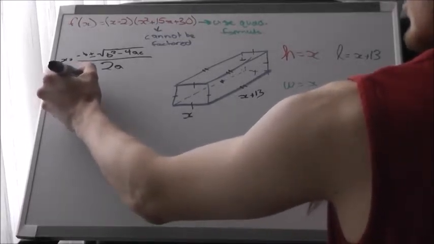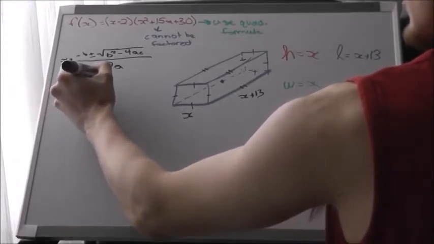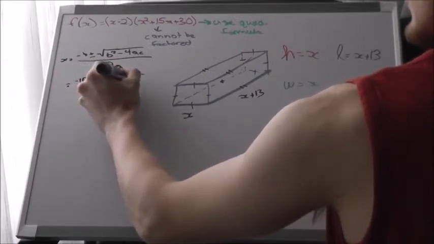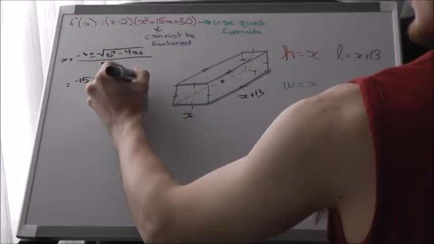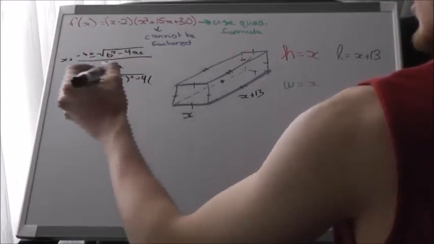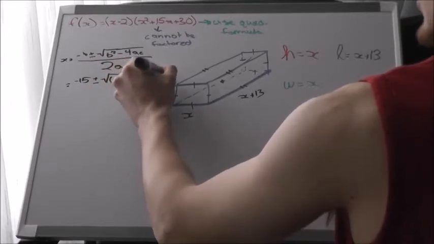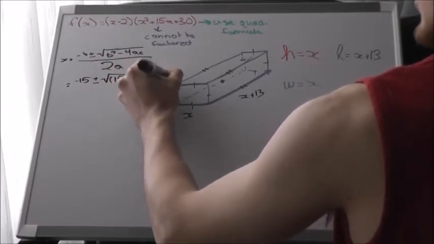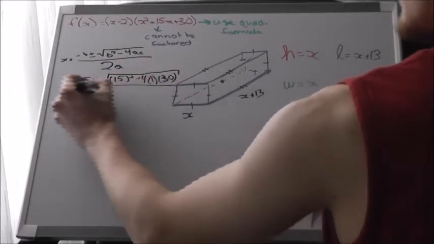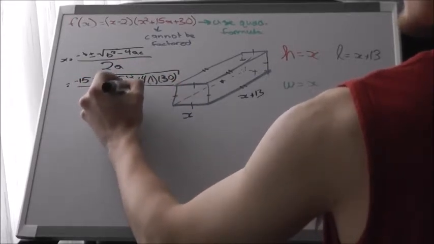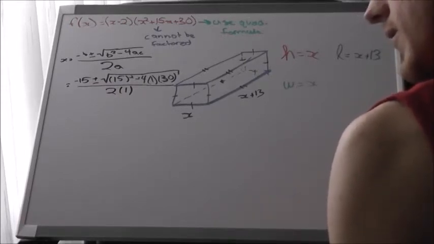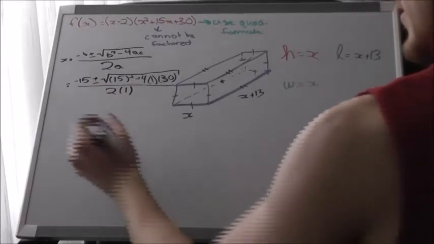Substitute in for b, which is 15, so negative 15 plus or minus the square root of 15 squared minus 4 times 1 times 30, and this is all over 2a, or 2 times 1.